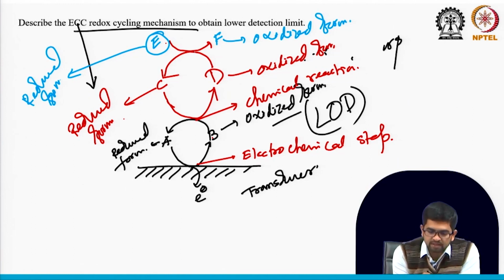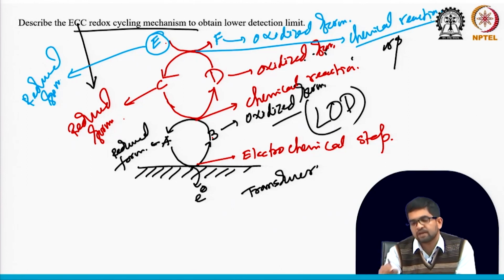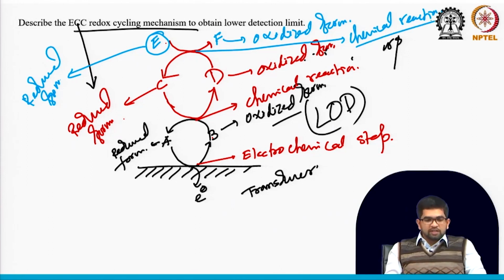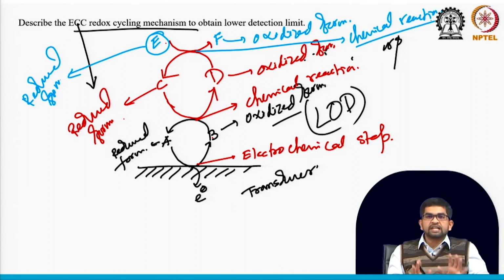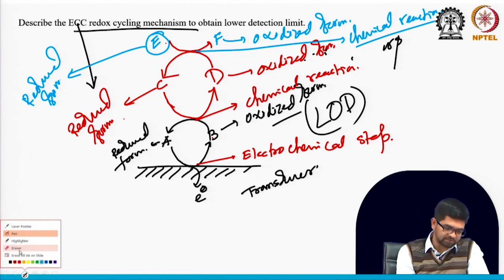And these reactions E to F are again the chemical reaction, clear. So you have to explain the mechanism this way first. So let us summarize this mechanism.